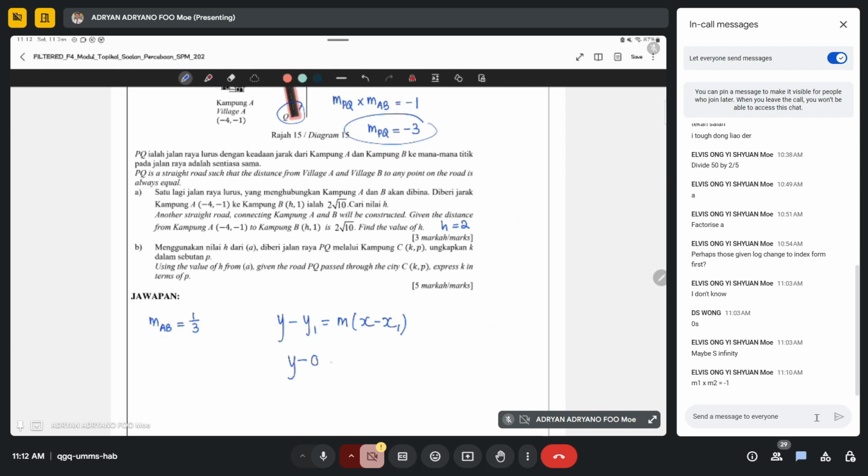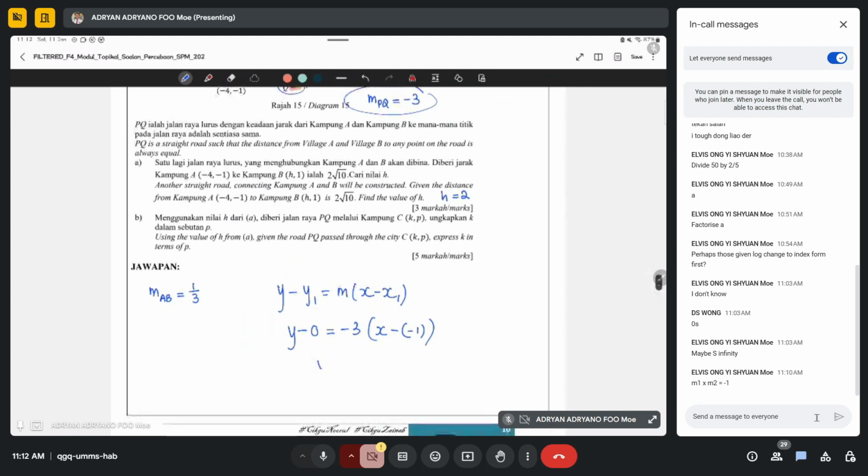So y minus 0 equal -3 乘 (x 减 -1)，所以 y = -3x - 3.